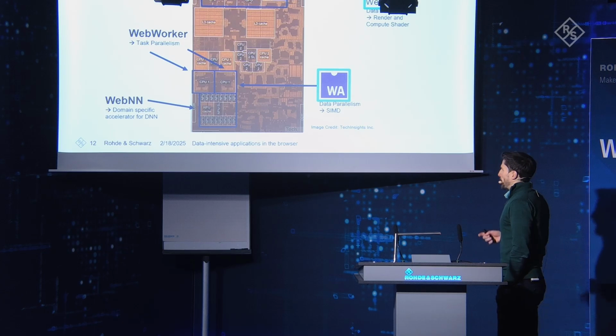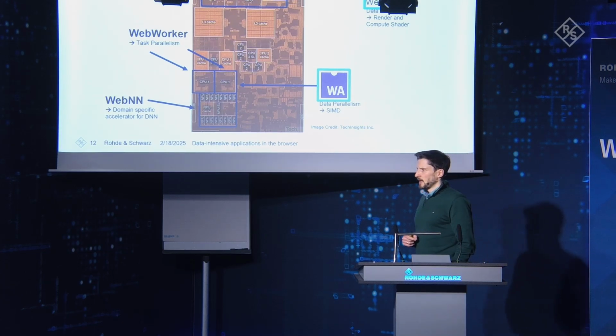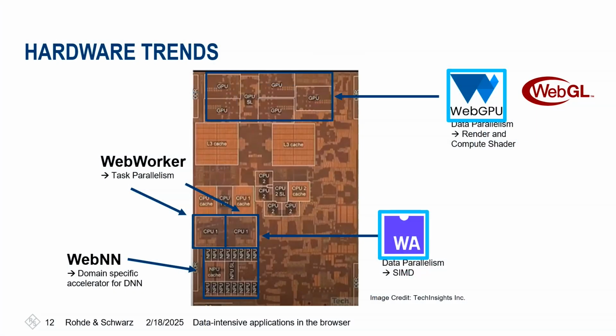Okay, and then finally, there's a new standard coming up. I'm not talking about it today, but I think it's also very promising and very interesting, because machine learning and AI are getting so popular and integrated into so many applications. And I think it's very important to have dedicated hardware for the inference of such models, because they have a lot of parameters, hundreds of thousands or millions of parameters.